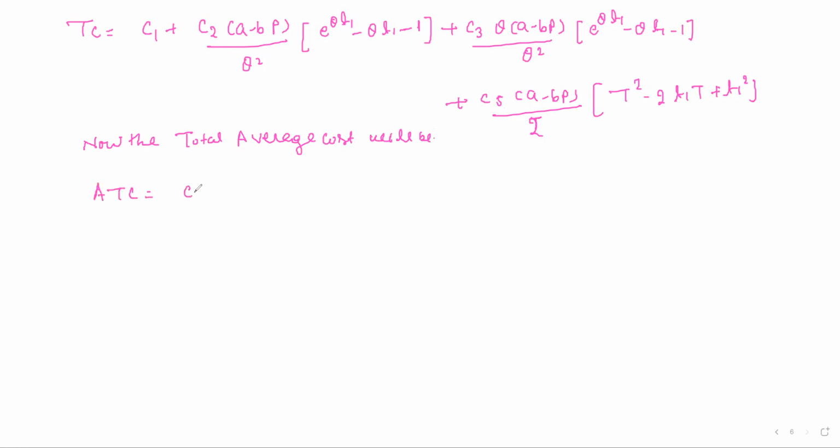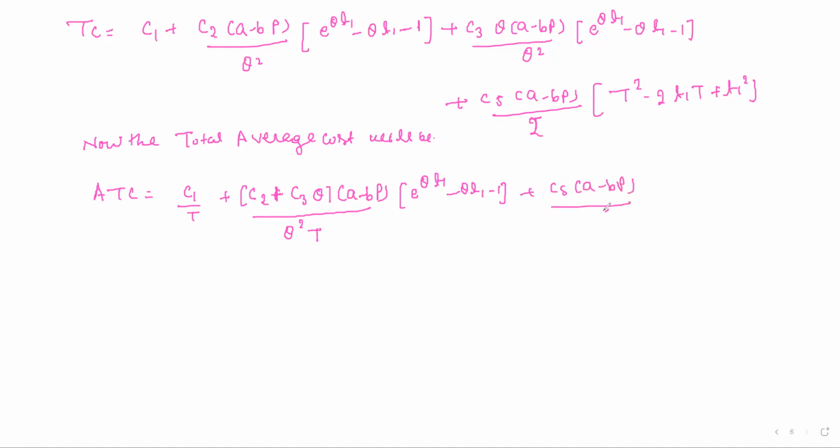This will come C1 by T plus, we can combine both these, so we get C2 plus C3 theta (A minus BP) upon theta square T, e to the power theta T1 minus theta T1 minus 1, plus Cs (A minus BP) upon 2.